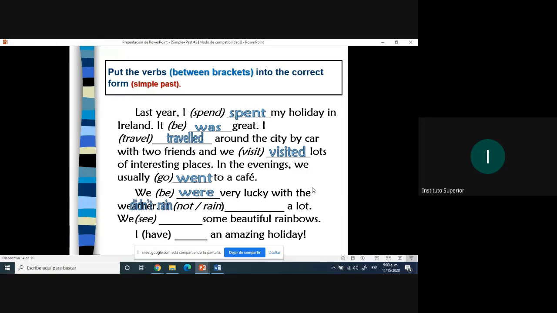Guys, I need one volunteer, please, to help me out and read this whole sentence for me. I'm going to be checking the pronunciation, all right? One volunteer, please. Last year, I spent my holiday in Ireland. It was great. And I traveled around the city by car with 2 friends, and we visited lots of interesting places. In the evenings, we usually went to a cafe.